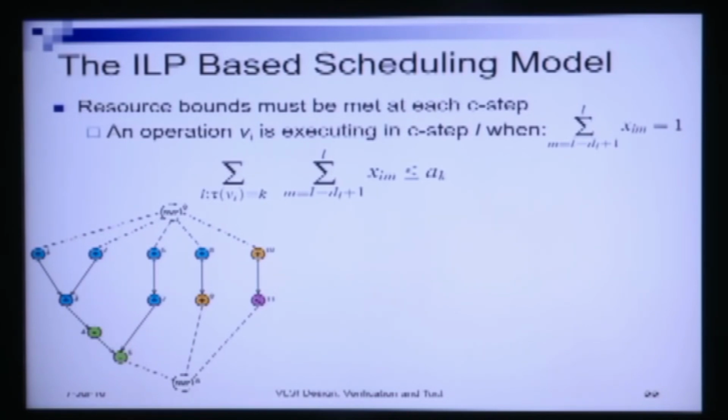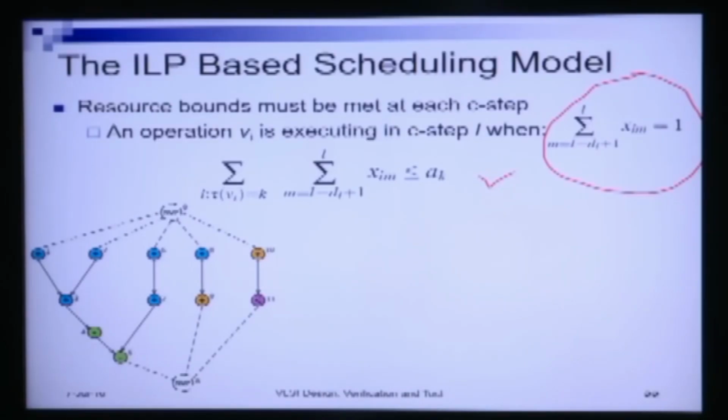So, we represent that in this term, m equals L minus Di plus 1 to L. So, this represents the time it goes back at most Di time steps from the current time step and finds out whether the operation has started at any time between the Dith previous time step and the current time step.